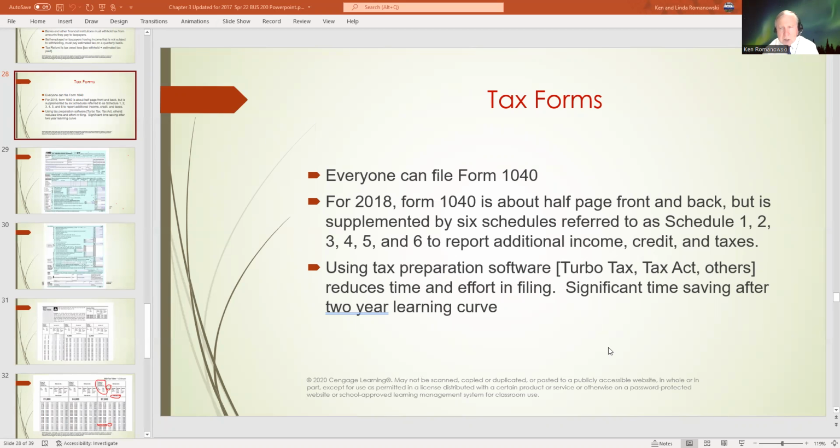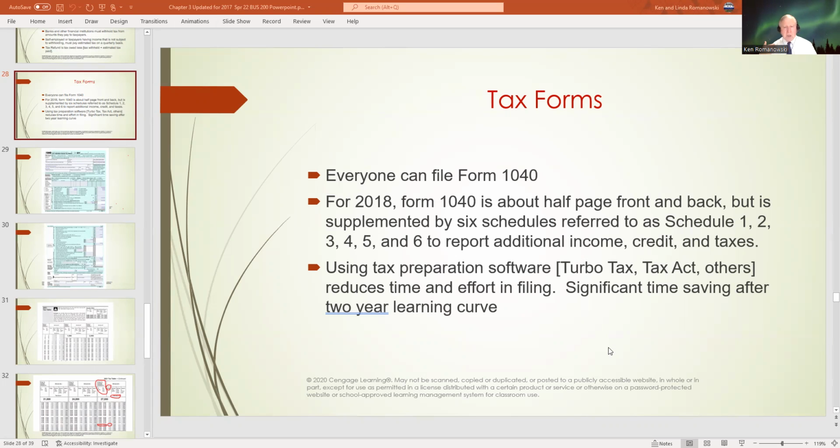Now, I'm going to show you essentially what it looks like to do a paper form. So if you are using a tax preparation software like TurboTax or TaxAct, you may not necessarily see what this form looks like until the very end.